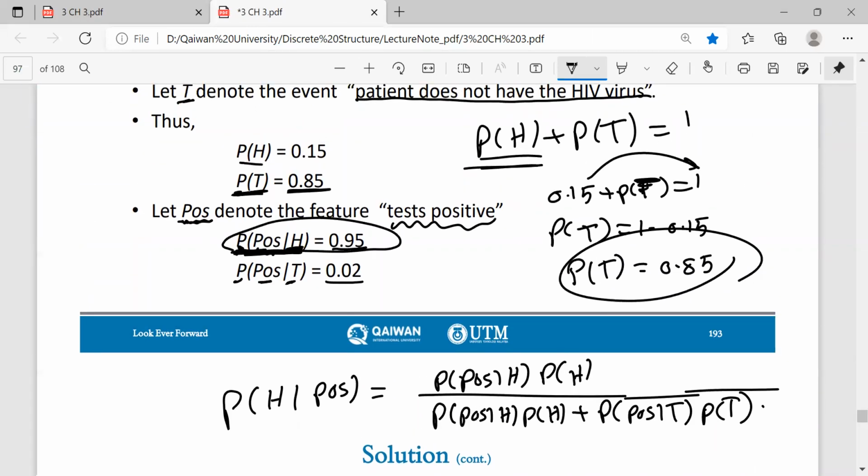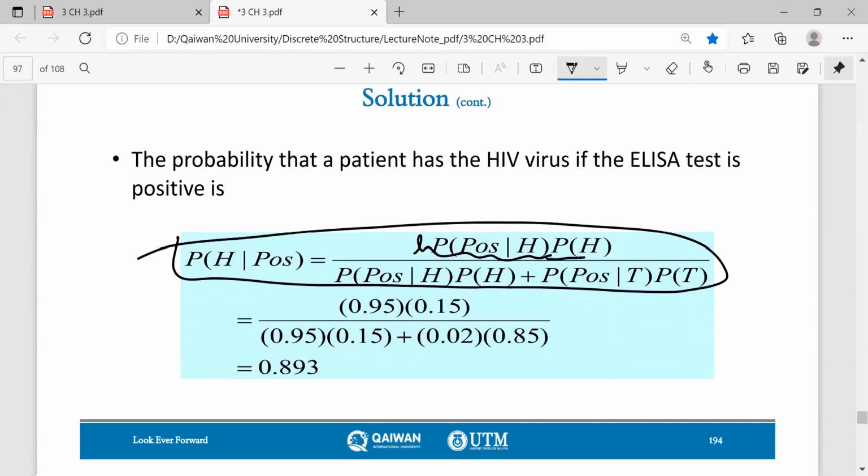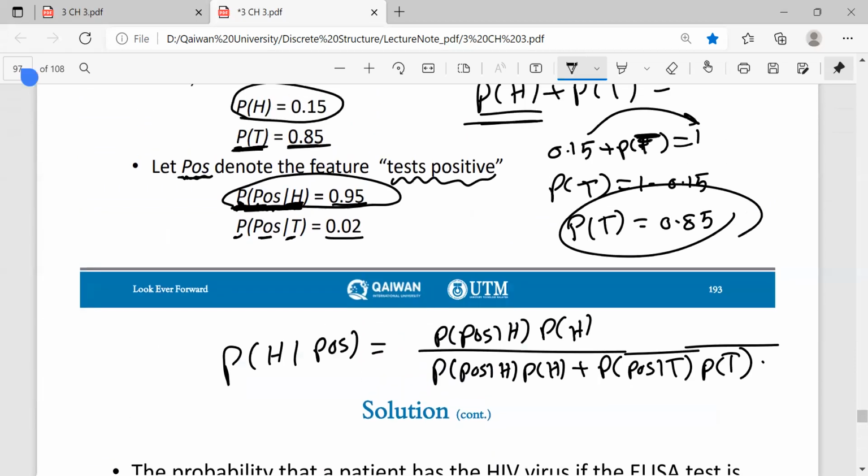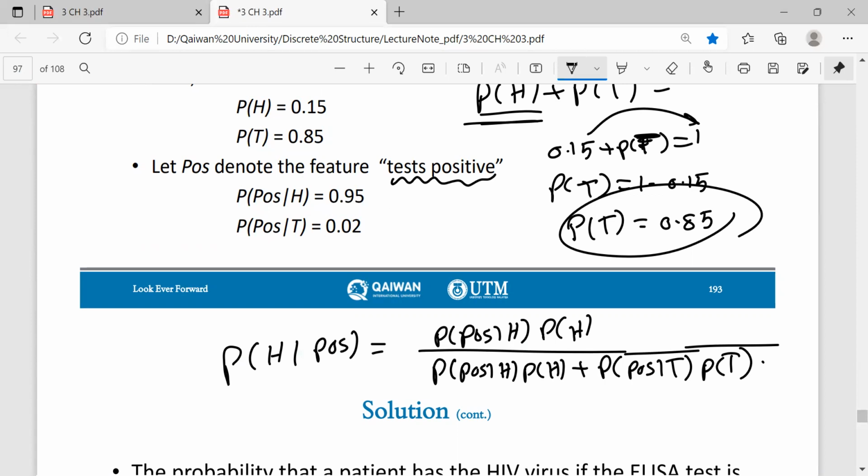We also have probability of H, which is 0.15. That's for the numerator. And for the denominator, we have the same. And also probability of POS given T, which is 0.02, and also probability of T. We have been given these all. We just replace them by their values.